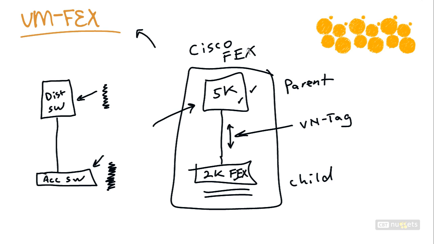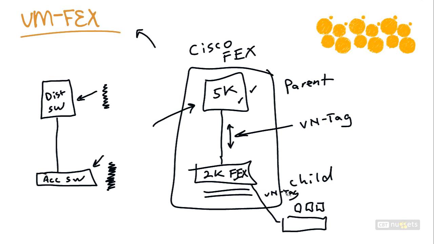Okay, what if we could have a technology that goes from here down into our host with its virtual machines? And what if we could literally have these virtual interface cards understand and engage in this VN tagging behavior so that we could extend right down to the blade this visibility of the VMs?